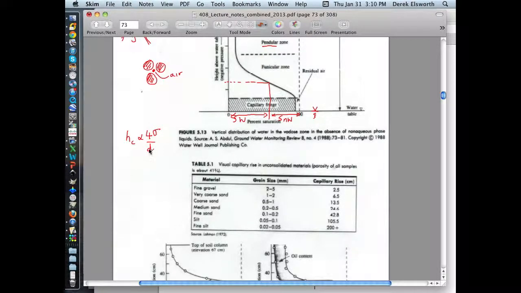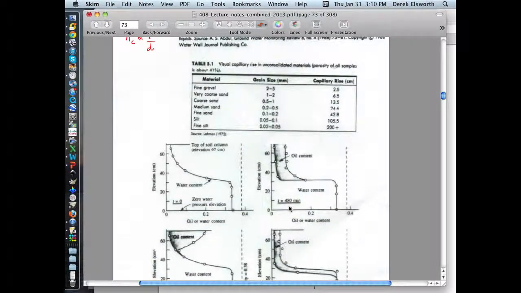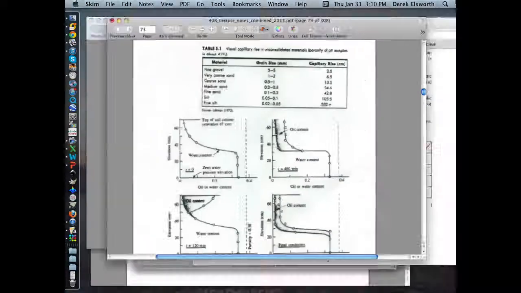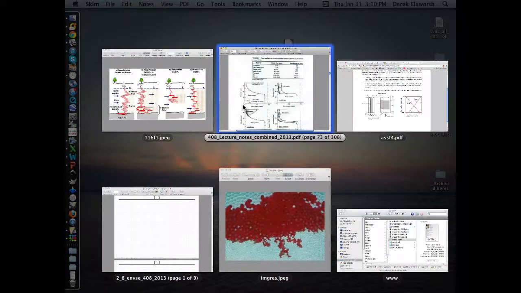So if the pore diameter is really small, then this height rise in the columns is going to be very big. And this table is basically saying that. Counterintuitively, low permeability materials have a big capillary fringe in them because they're able to keep the water in there. And actually, I'm not sure that we ever talked about it in much detail, and I'm kind of diverging, I guess.